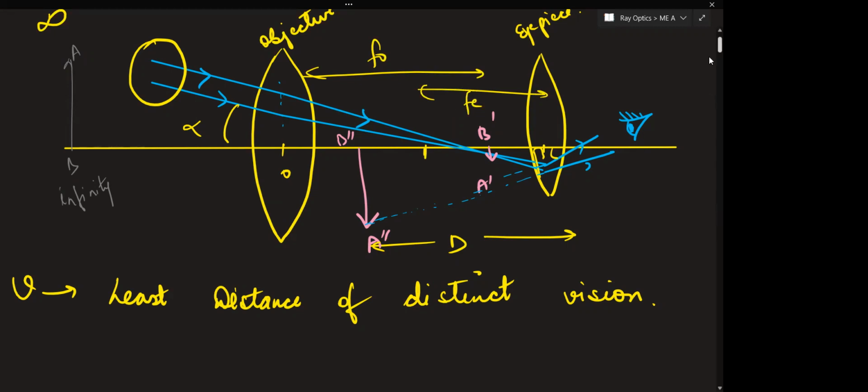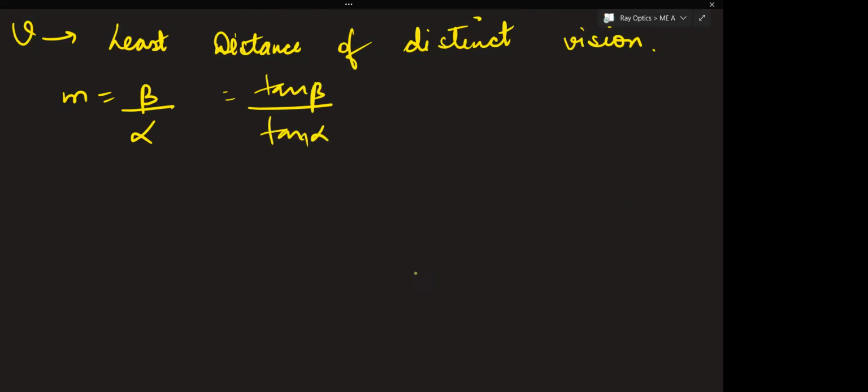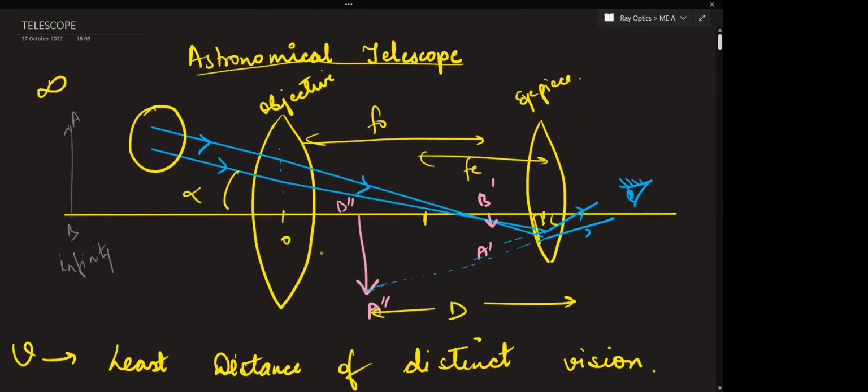So again, magnification will be beta by alpha. Same thing, it's what we have studied. And we will write it as tan beta by tan alpha. See, if you look in the figure, tan alpha will be AB by BO. This was the triangle which I was telling you.